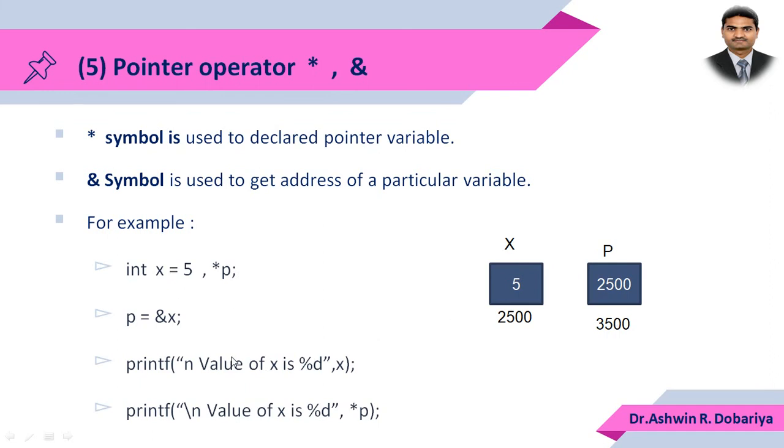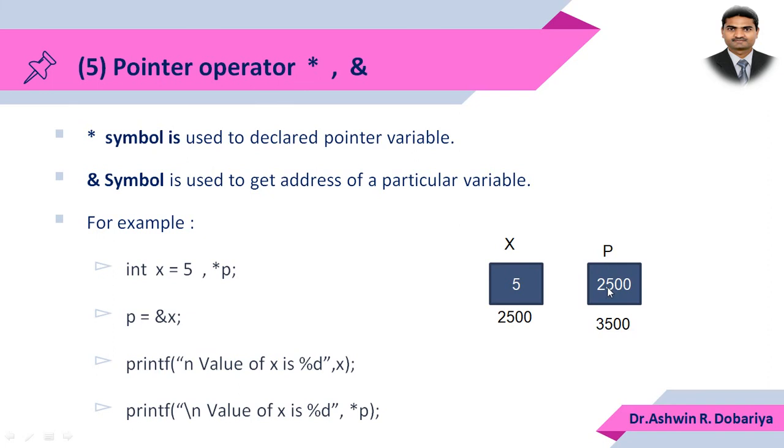So if we fetch the value of x using printf, the value of x is 5, then it displays 5. And if we want to access the value of x using the address, because the pointer always points to the address of another variable, and if you keep the asterisk, it means the value at the address pointed to by p.